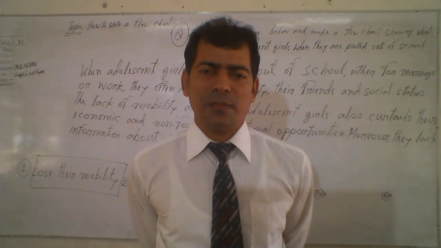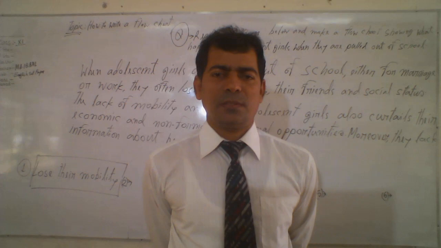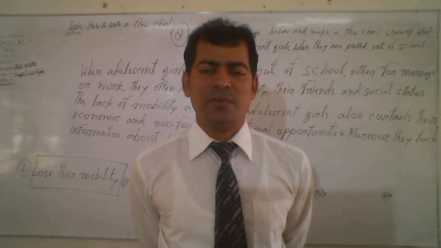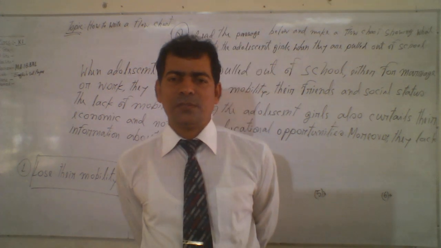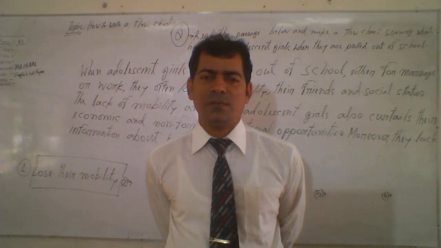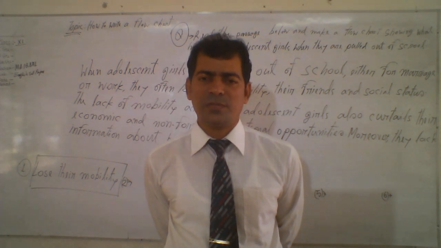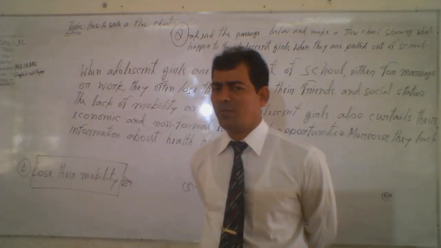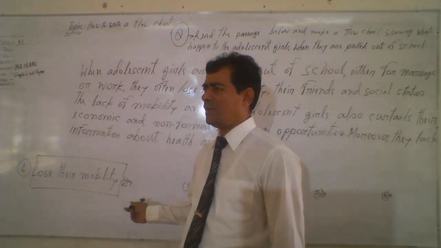Before beginning my activities, let me first make it clear to you what a flowchart is. Students, a flowchart is a presentation of some information in a certain form or format, as you see on the whiteboard behind me.